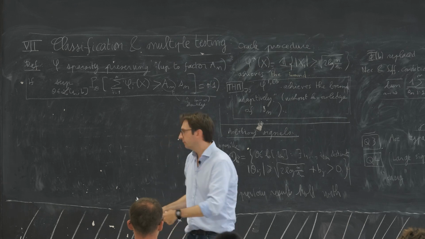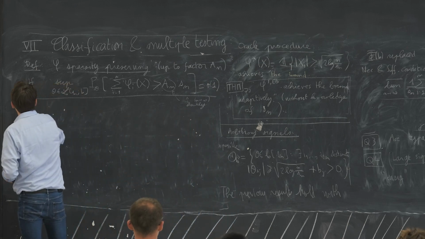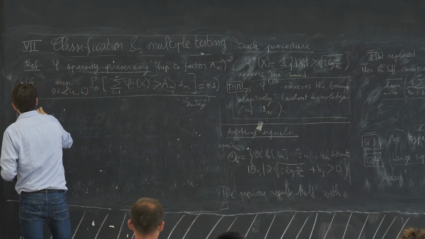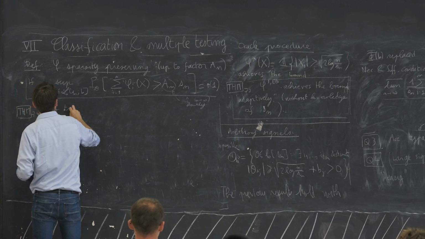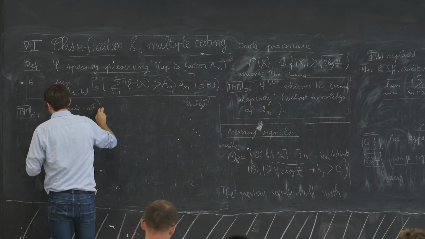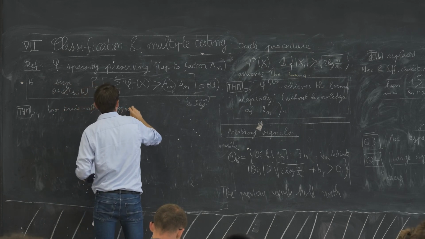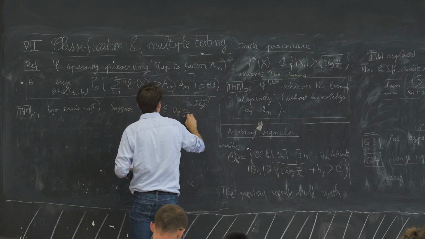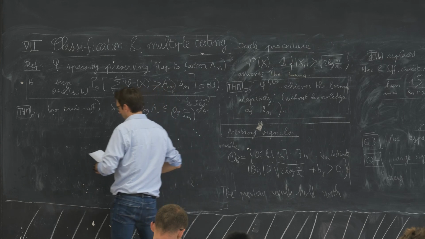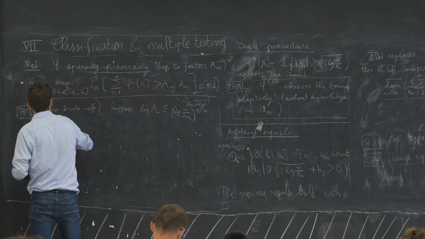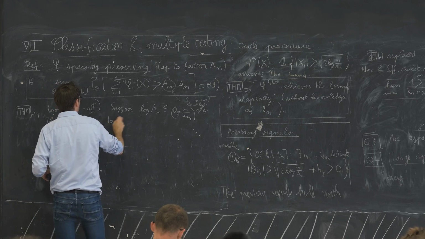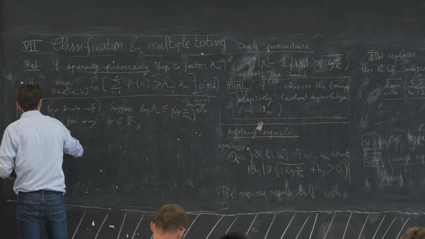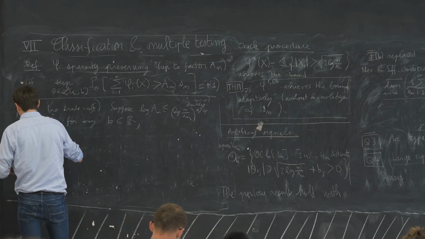Okay, and there was a question? No, okay. So no trade-off. Suppose an doesn't grow too fast, so we need log an smaller than log n over Sn to the power 1/4. Okay, then for any b in R, so recall I work with a simple class, but I told you it's the same for the more general class, for arbitrary signals.